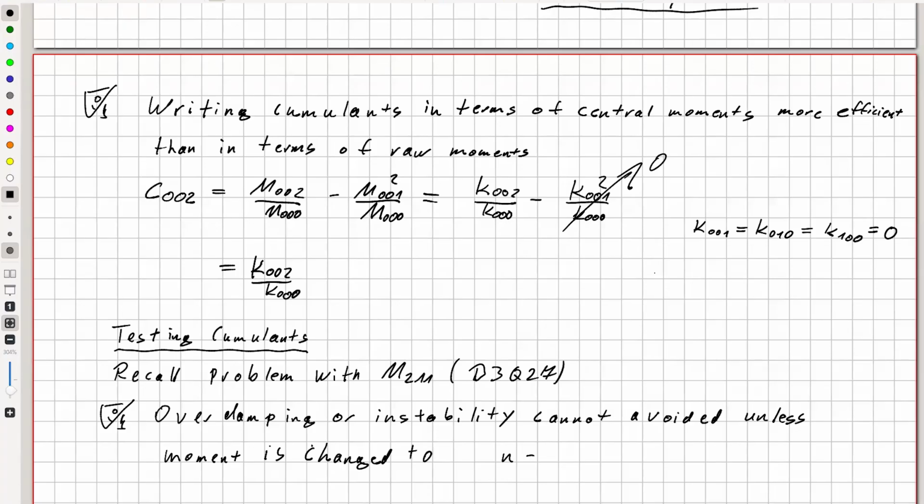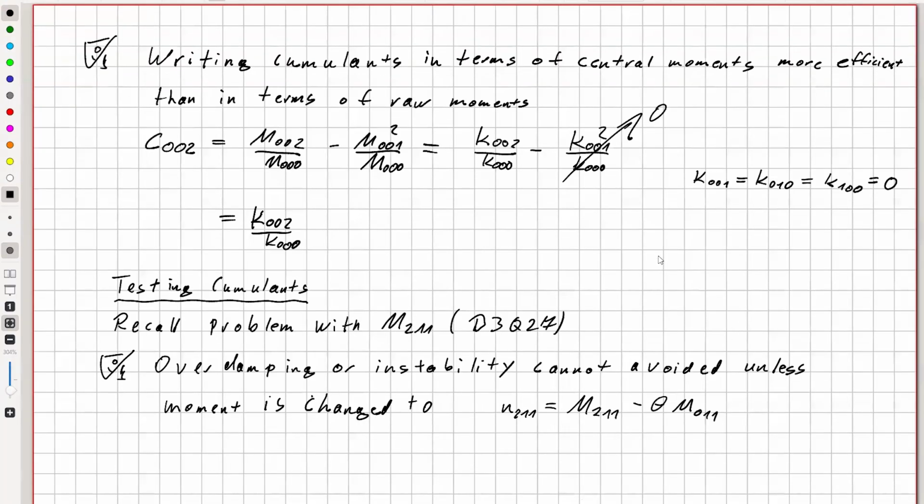So we make this change: N211 equal to M211 minus theta M011. If we make this change, then suddenly this problem that the ghost moment would increase in size was gone, right? So let's see how the cumulants behave in this way.